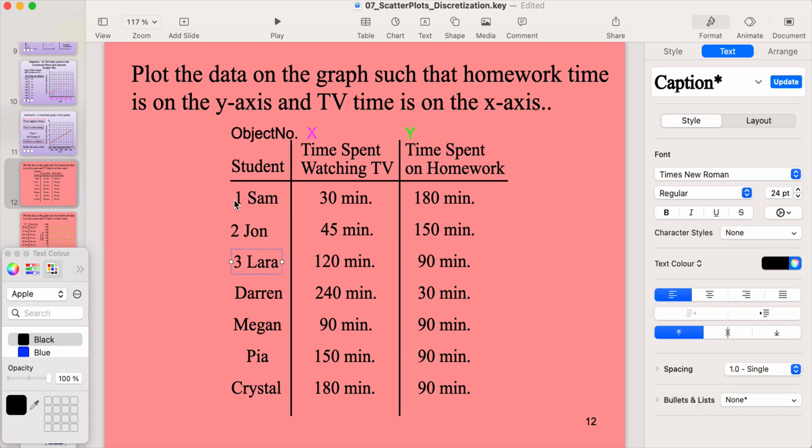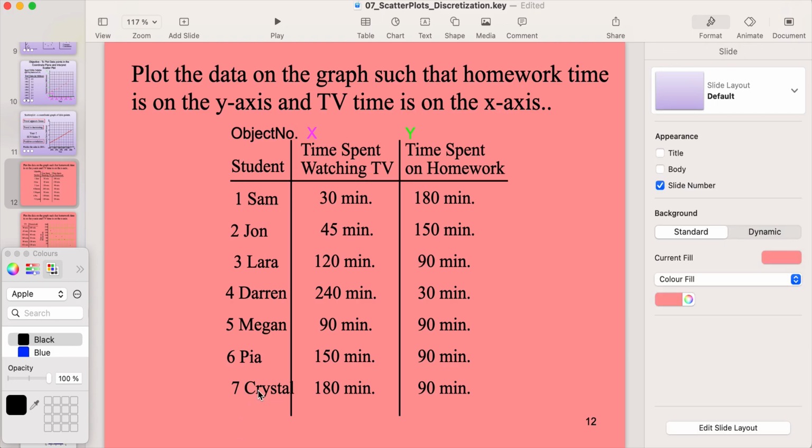She has values 120 and 30 minutes. Object number 4 is Darren. 240 minutes for X, 30 minutes for Y. So these are going to be the points on our scatter plot. First point, second point, third point, fourth point, fifth point, sixth point, and seventh point. Well, we have a total of 7 objects.